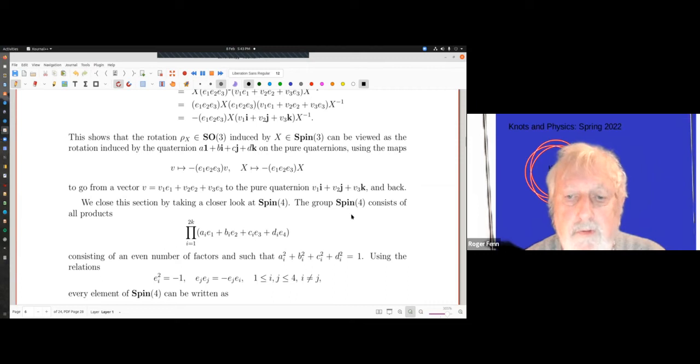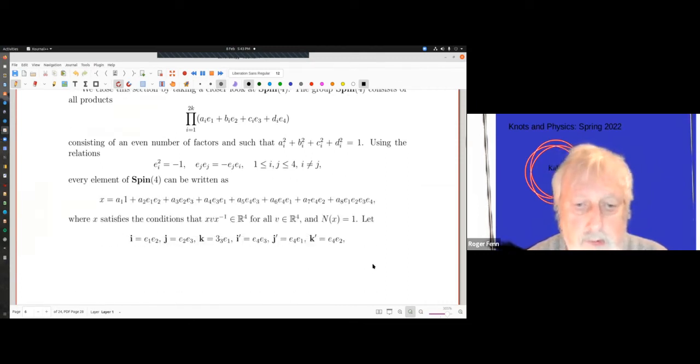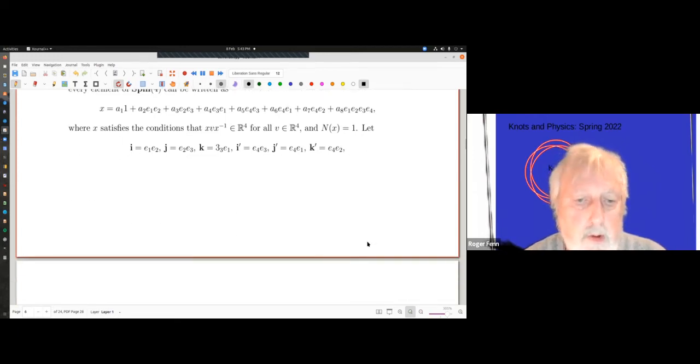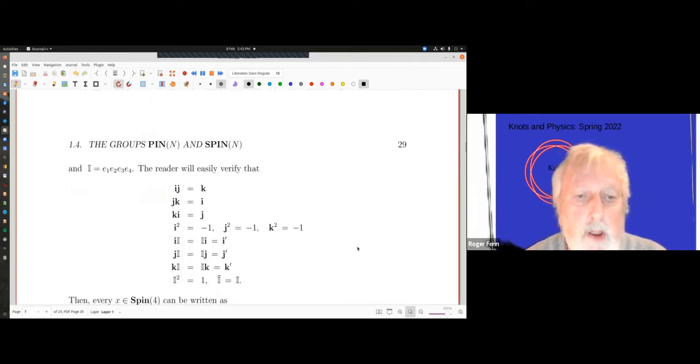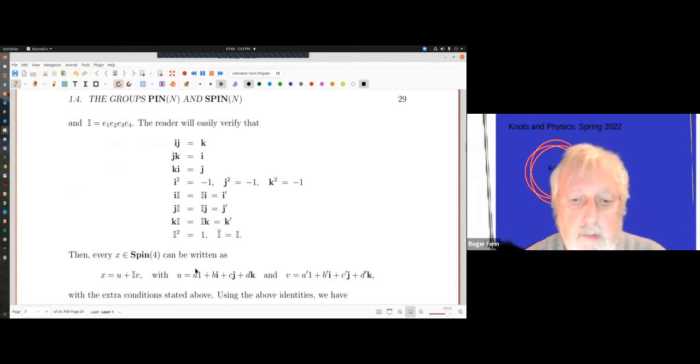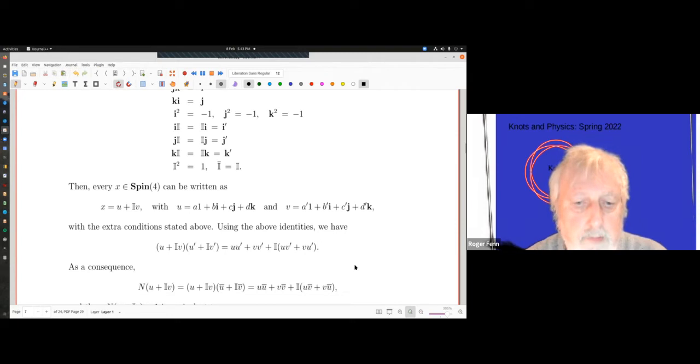We've got Spin 4 now, and I'll just state what cases we've got. In this case, we've got 2 lots of quaternions, taking the products. They satisfy this. So what do we get?